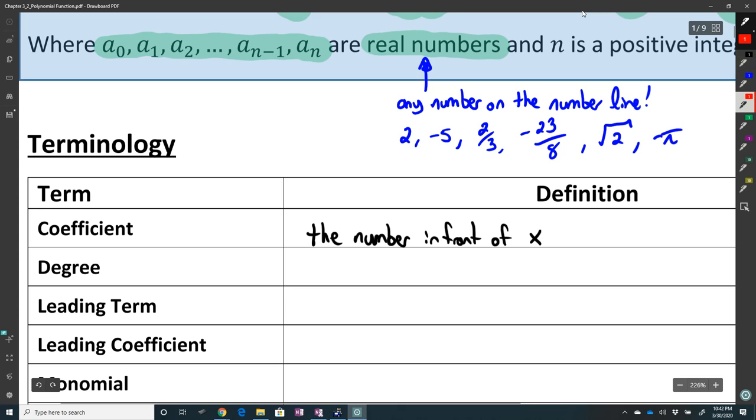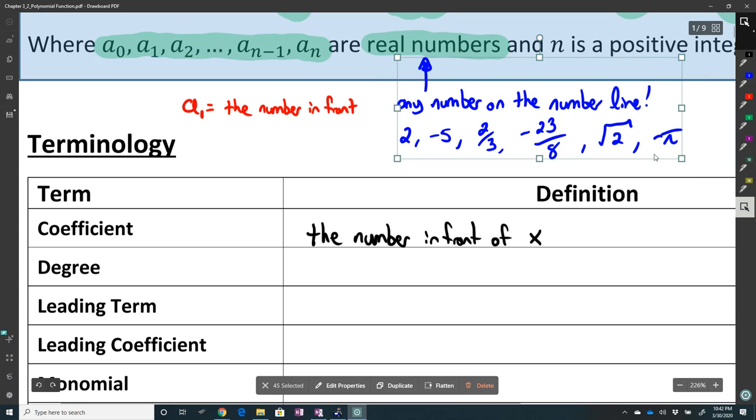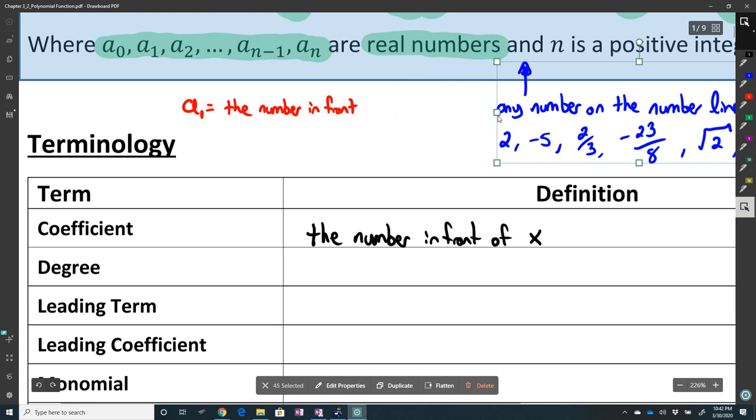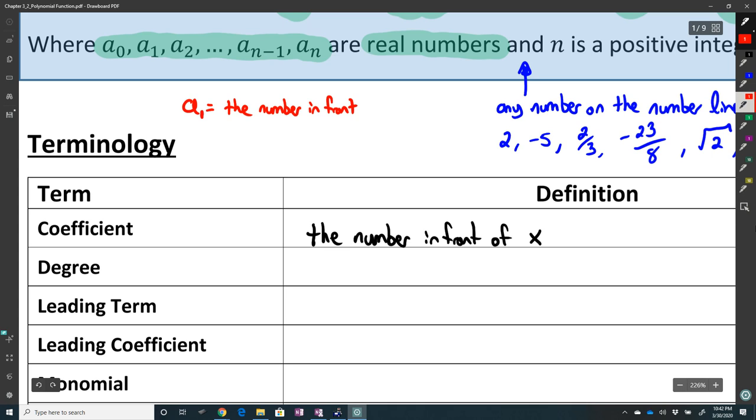Okay. Now we were using terminology for the coefficients. So for instance, a to the 1 is the number in front of x to the 1. Okay, so a to the 1 would be the number in front of x to the 1.